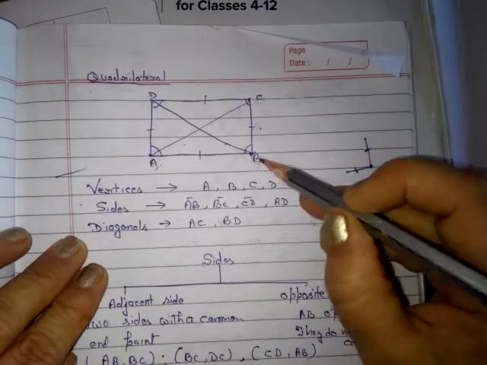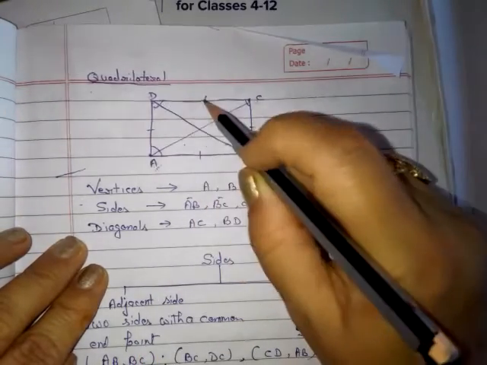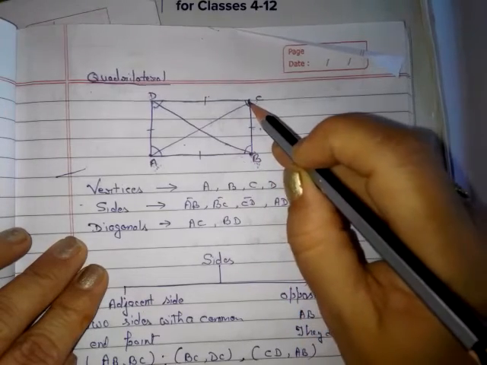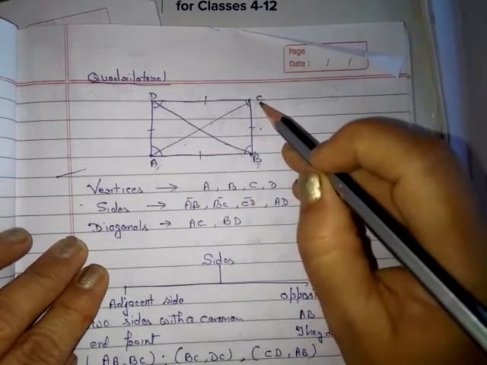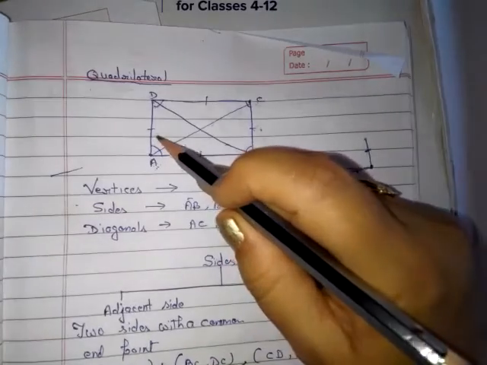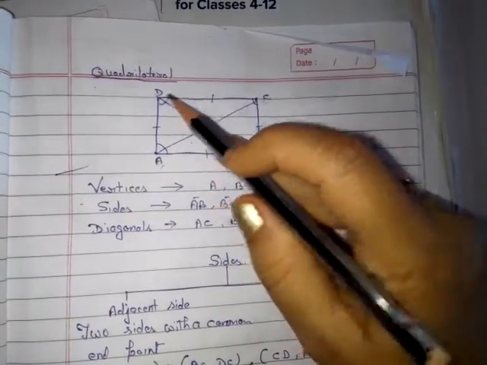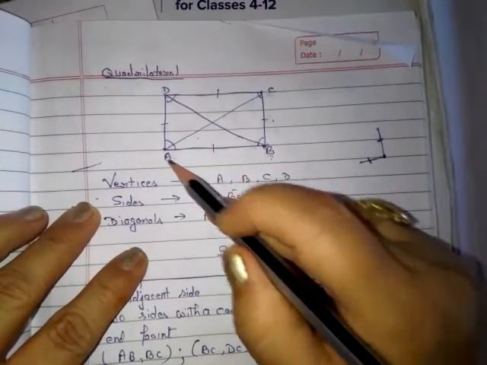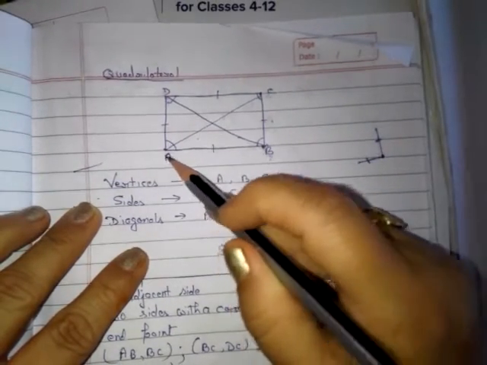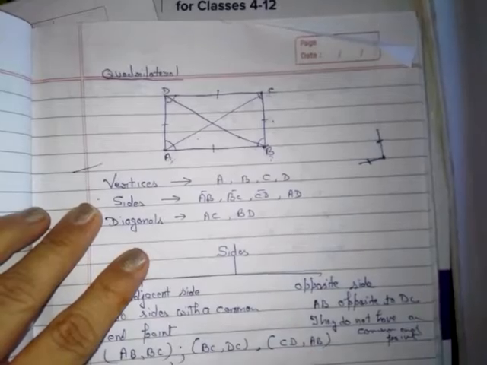Then similarly BC and CD, they are adjacent sides having a common endpoint C. Okay, then CD and AD, they are adjacent sides having a common point D. Okay, then AD and AB, they are adjacent sides having a common endpoint A.